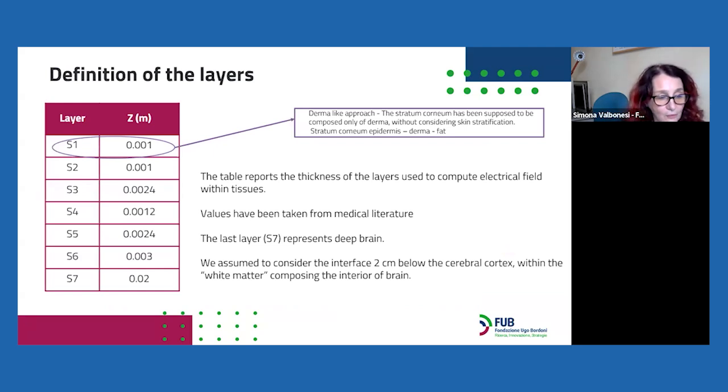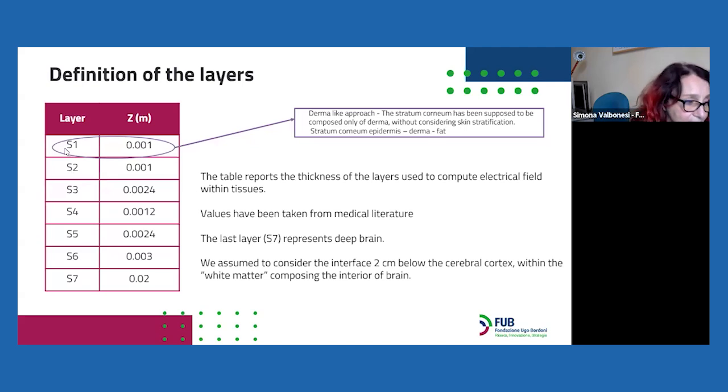Values have been taken, of course, from medical literature, and they are related to a standard human male. The last layer, S7, represents the deep brain. Here we assume the interface for the deep brain 2 centimeters below the cerebral cortex, very inside the white matter composing the interior brain.